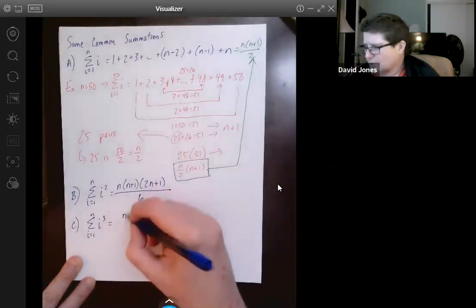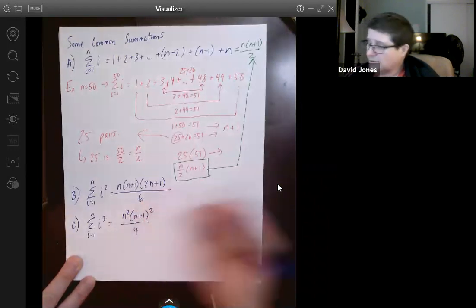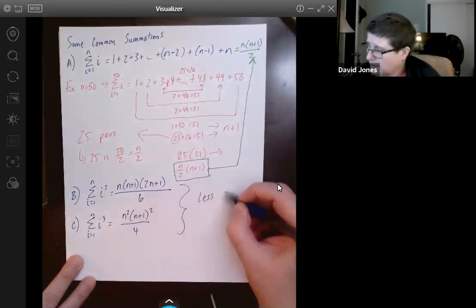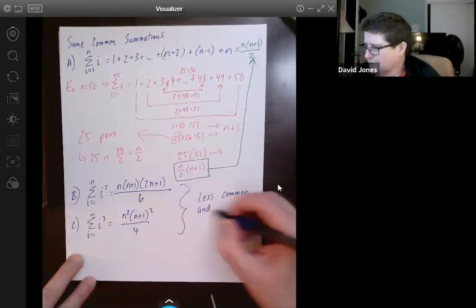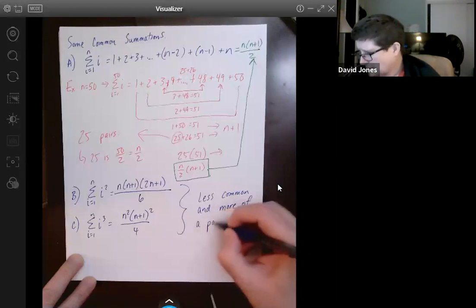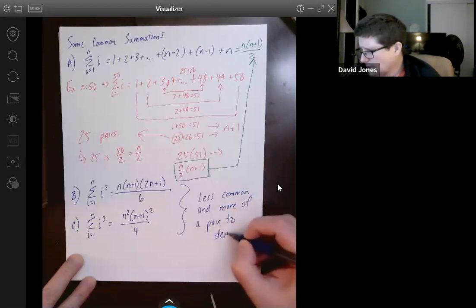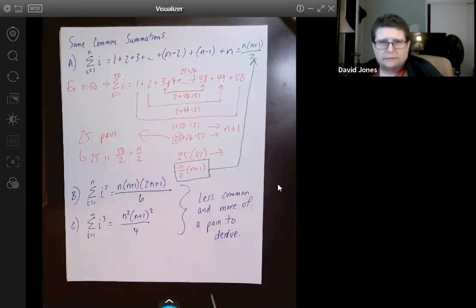This is n squared times n plus 1 squared divided by 4. These are less common and more of a pain to derive. But those are the formulas, so let's look at a few examples.